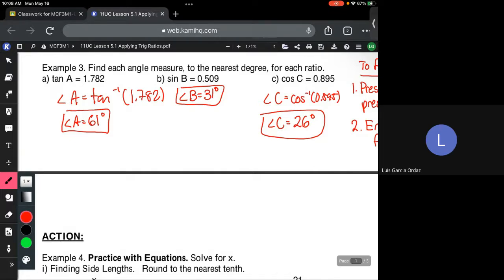How do you make the decimal into the degree? You press the second function on your calculator and then press sin, cos, or tan, whatever it's asking for, and then enter the decimal and press equals. Or on some calculators, you have to enter the decimal first and then press second function and the trig ratio.